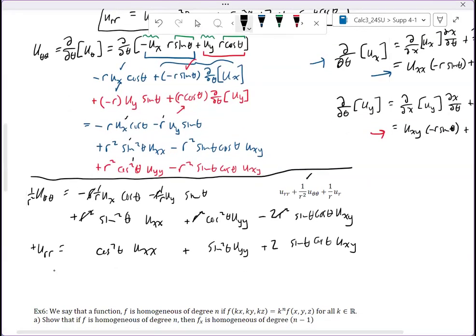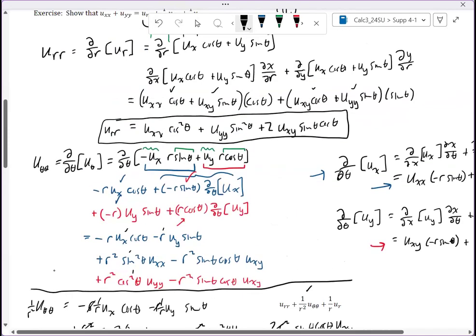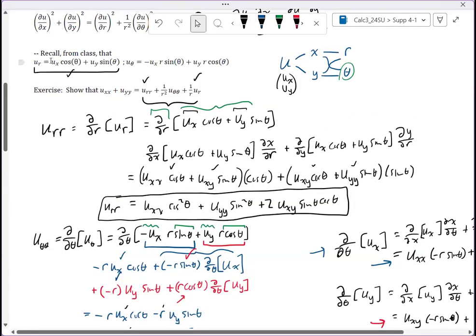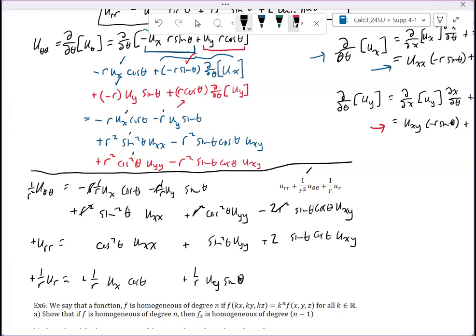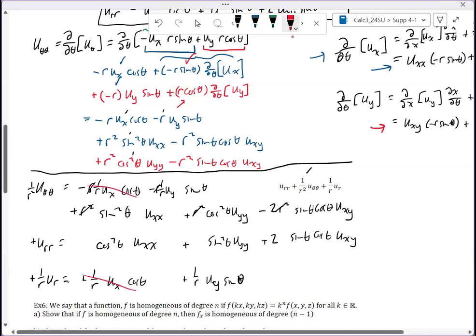And then lastly, we need a plus 1 over r u_r. And what was 1 over r u_r? Well, that's 1 over r u_x cos theta plus 1 over r u_y sine theta. And we see that when we add all of this together, this minus 1 over r u_x cos theta goes away.